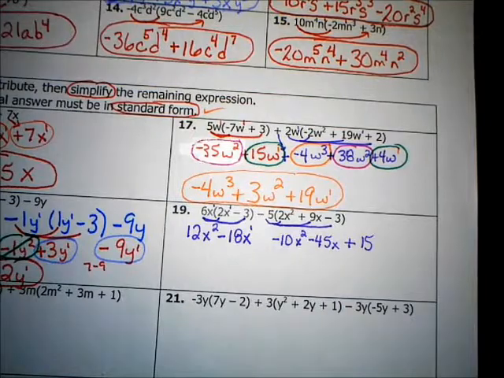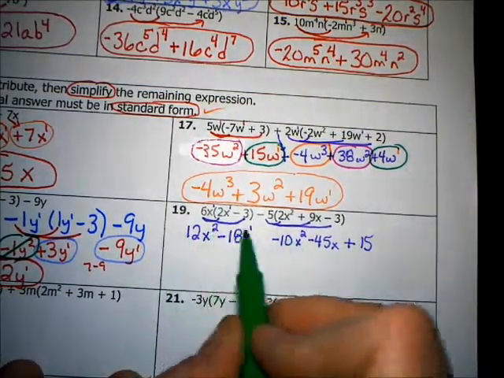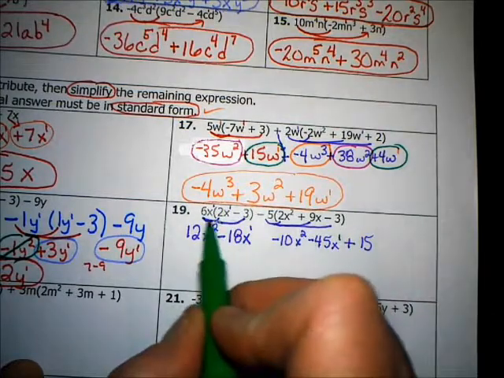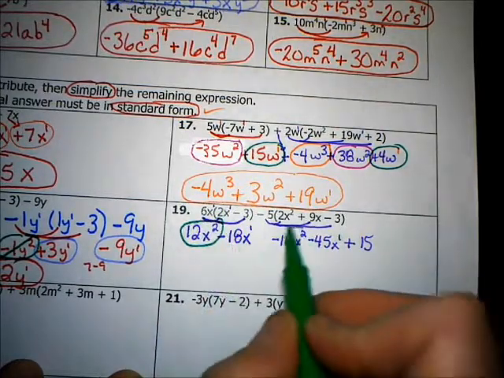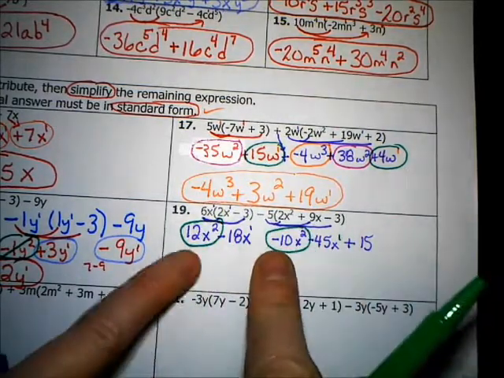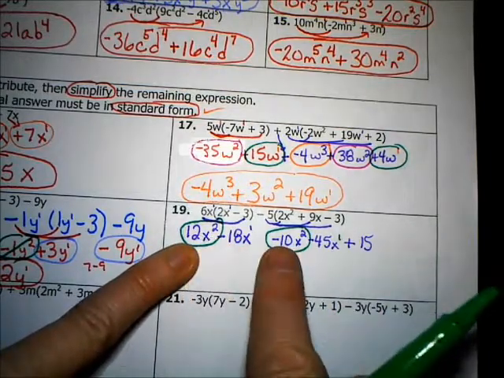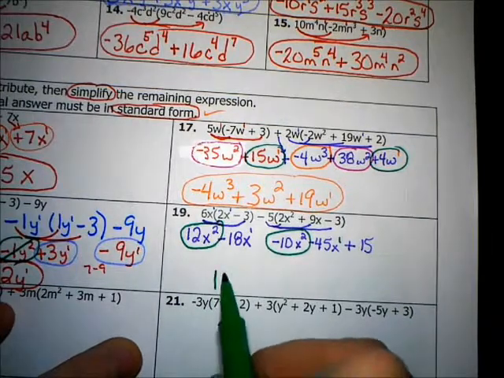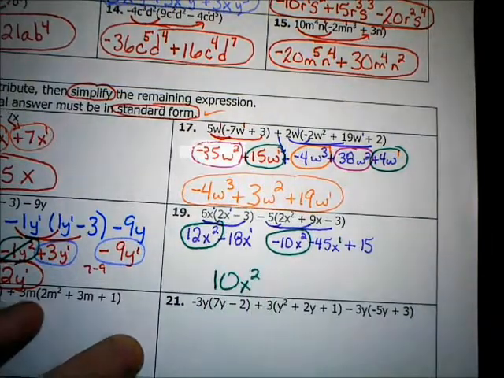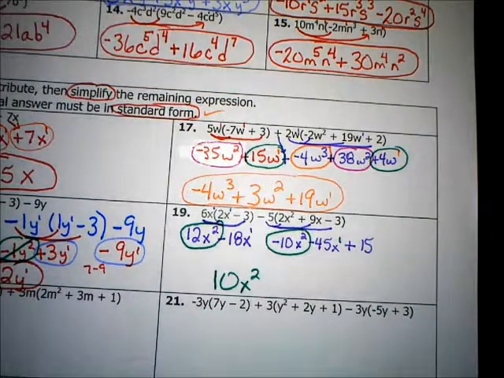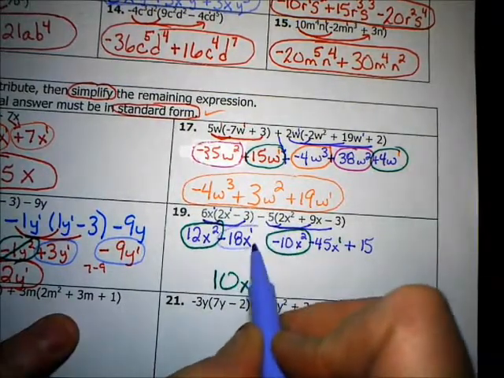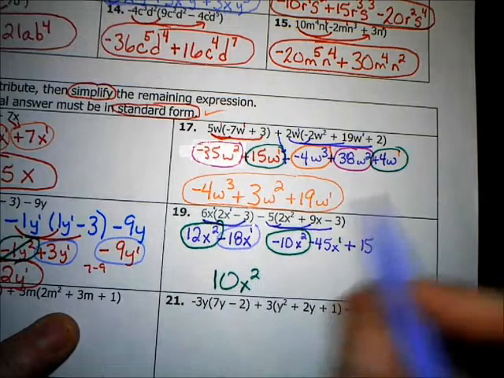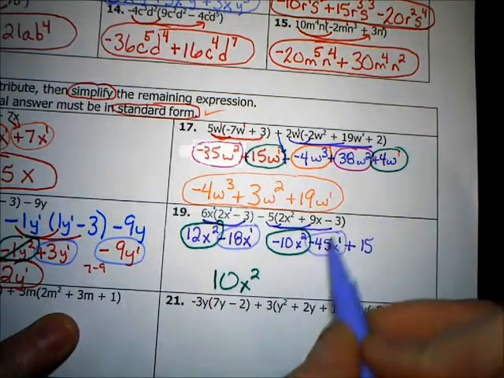Alright, looking for highest terms. I see, if I'm looking through there, it looks like I have a square, and I have another square. So now the coefficients. 12 minus 10 is 10x^2. Okay. Look at your next terms. I have a negative 18x and a negative 45x.